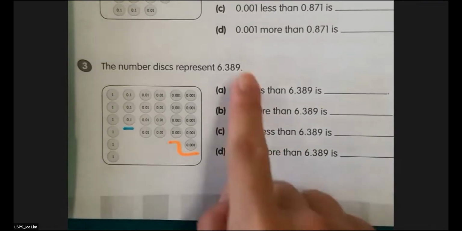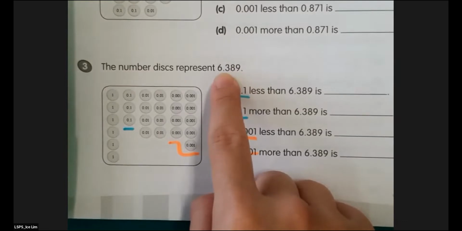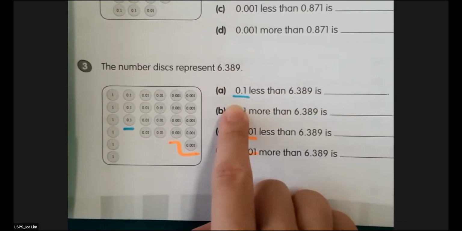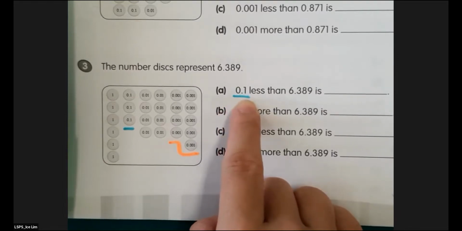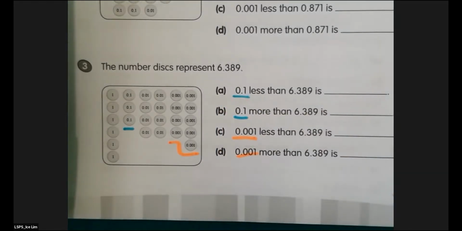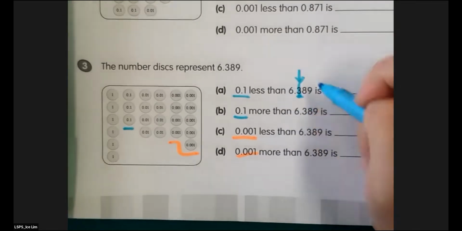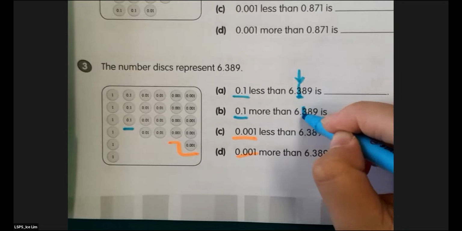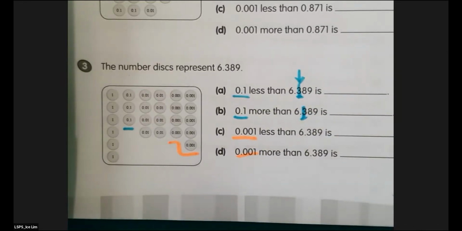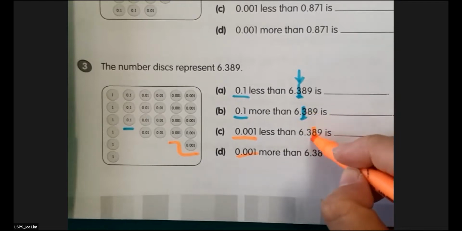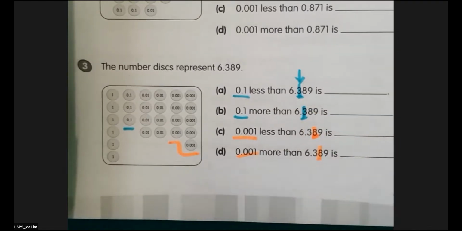So when I look at a number like this, 6.389, and I look at 0.1, I'm targeting this place here. And when I look at 0.001, I'm targeting this place here, which is the thousandths place.